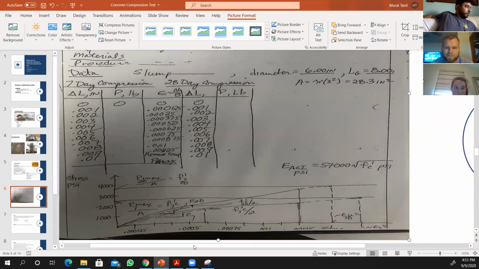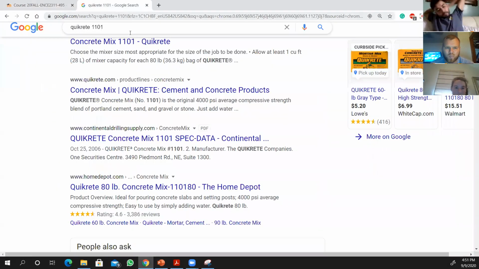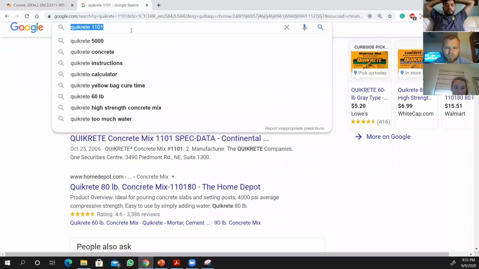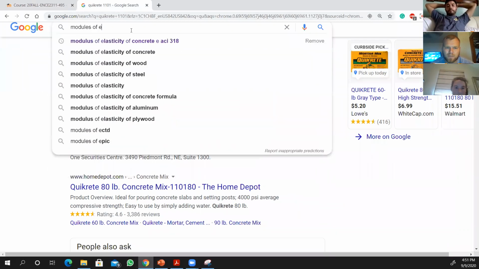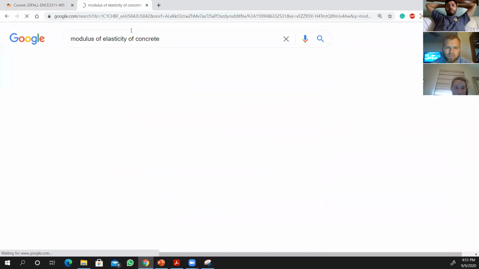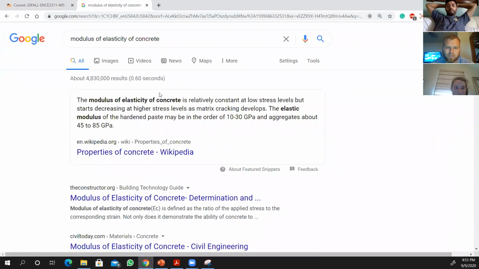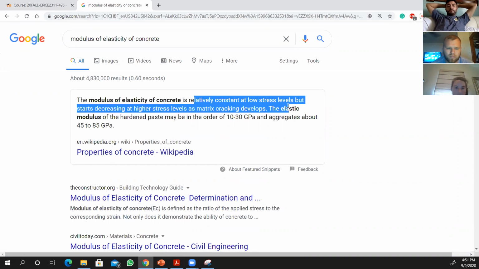Let's look at the theoretical definition of modulus of elasticity of concrete. The modulus of elasticity of concrete is relatively constant at low stress levels, but starts decreasing at high stress levels as matrix cracking develops.